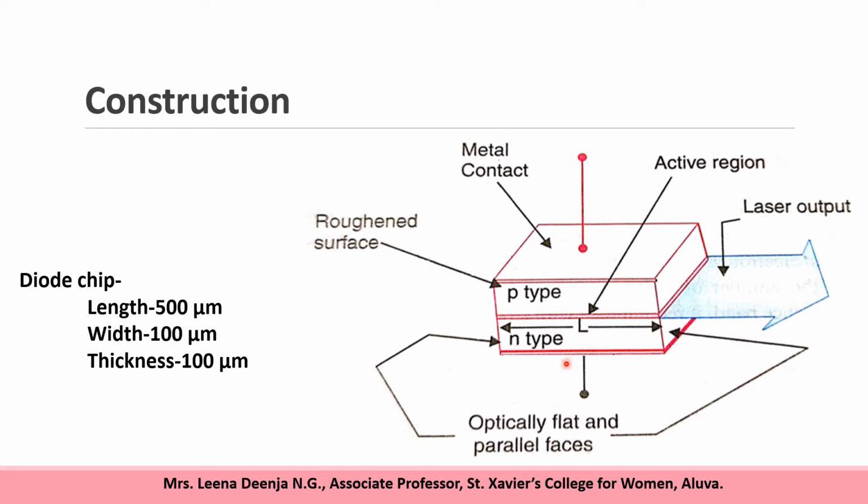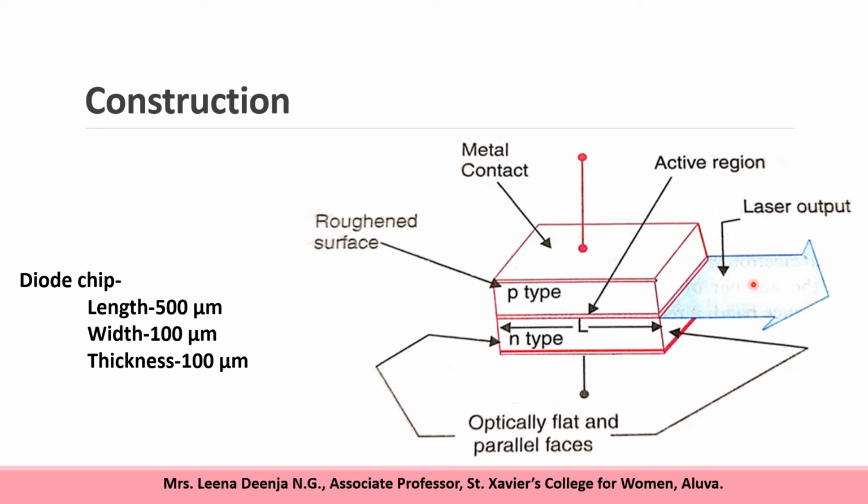The top and bottom faces are metallized and metal contacts are taken from these two metal sides in order to pass the current through the diode. The front and the rear faces are polished in order to get the Fabry-Perot resonator. In practice, there is no necessity to polish these faces.